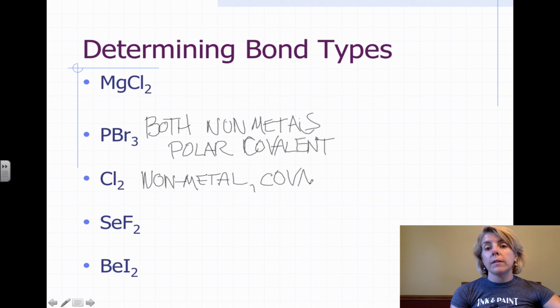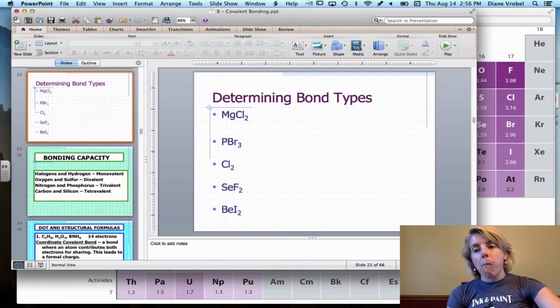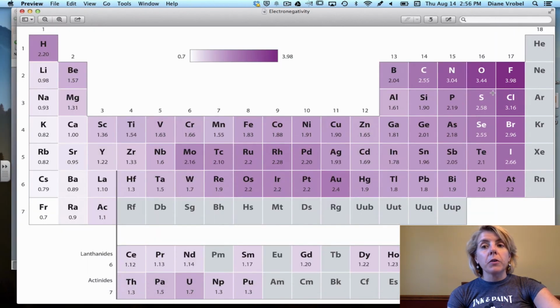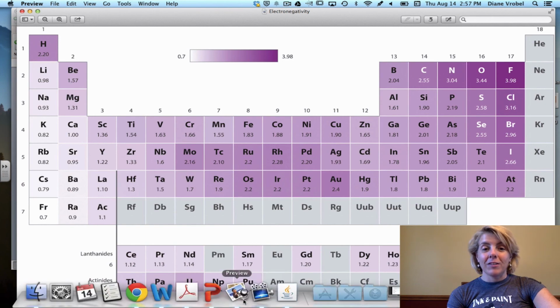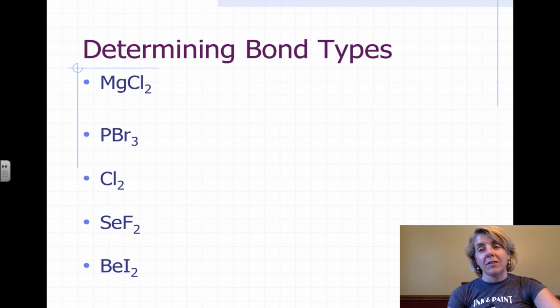And the question is, is it polar covalent? No, it's not polar covalent. So even when we look at the chart, okay, chlorine is high in electronegativity, but it's bonded with itself. So it has to be only covalent. It's not polar covalent. So you have to be careful, okay? Whenever it's bonded with itself, you have to remember that.